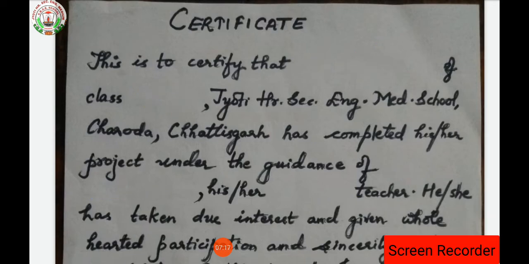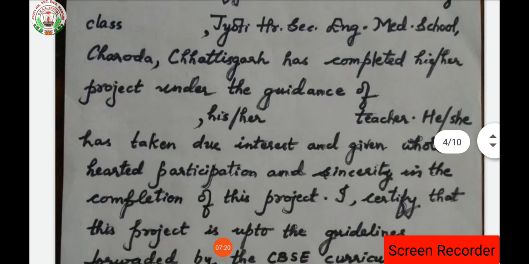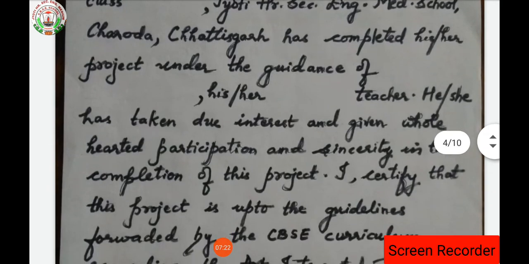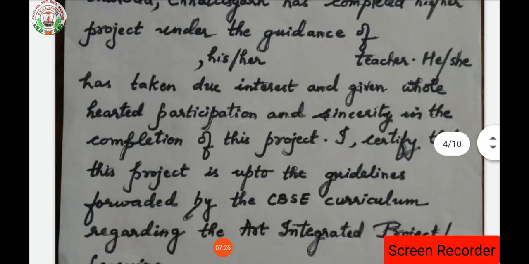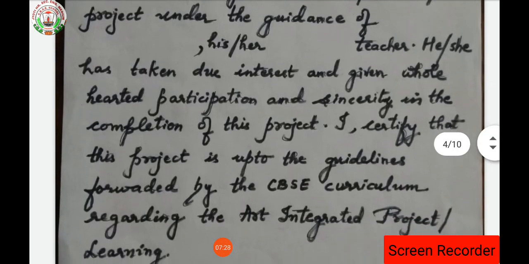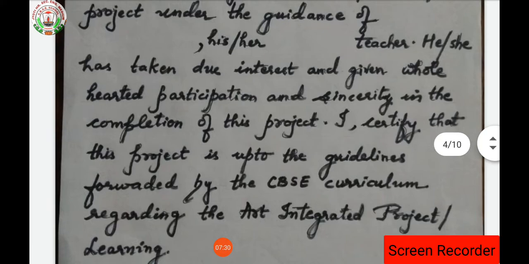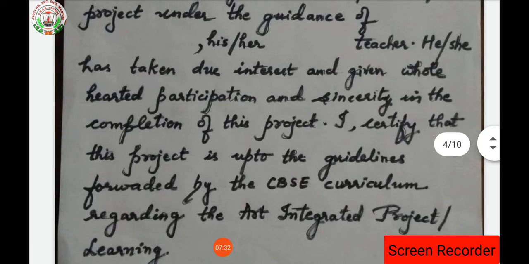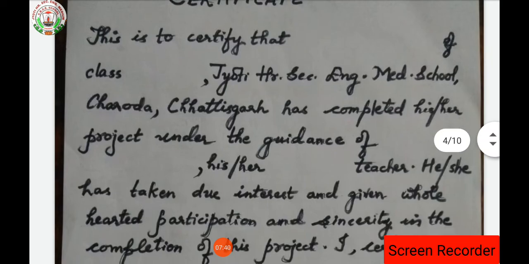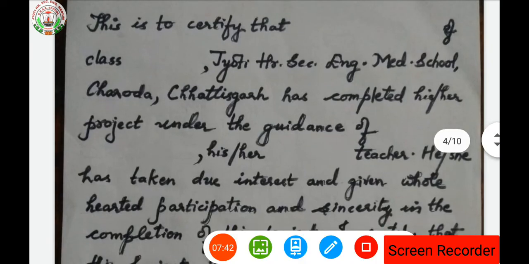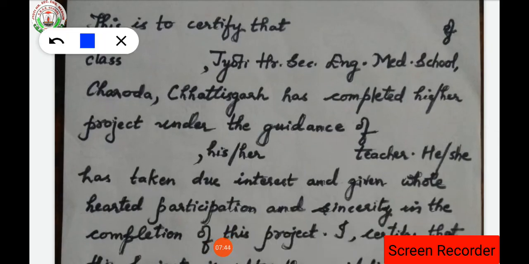You have to write over here, he/she has taken due interest and given wholehearted participation and sincerity in the completion of this project. I certify that this project is up to the guidelines forwarded by the CBSE's circulars regarding the art integrated project learning. So dear student, again I am reminding you about the teacher. Here don't write the name of the teacher, sorry for that.